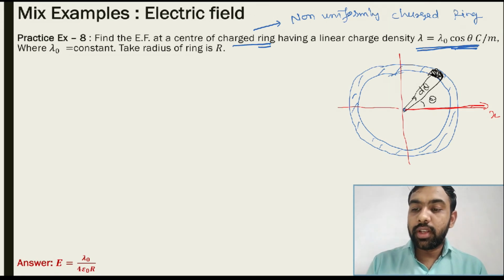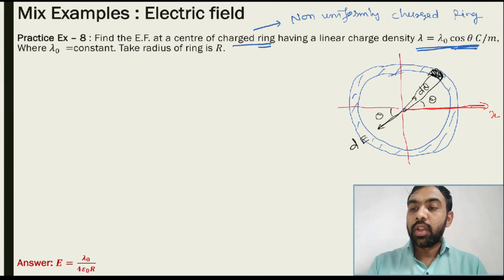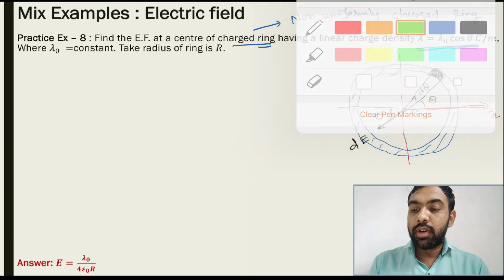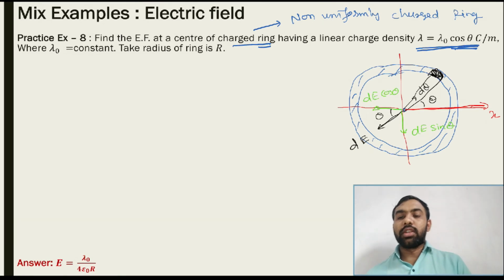Its electric field is dE, since it is a small element. There are two components: if this angle is theta, then this angle is also theta. One is dE sin theta and one is dE cos theta.